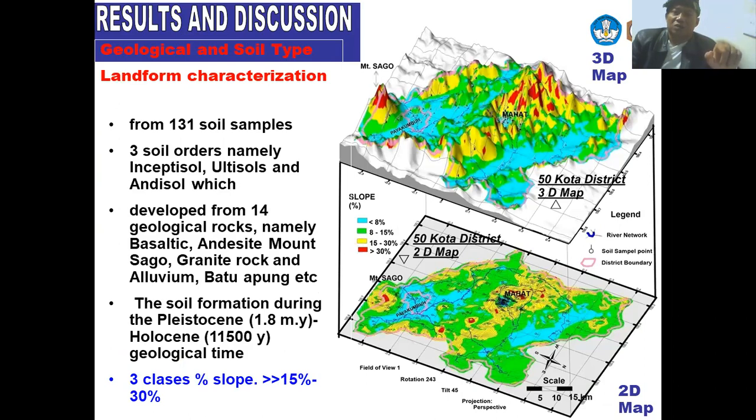Soil formation in the 50 Kota district is from the Pleistocene era, that is 1.8 million years ago, until the Holocene geological time, that is 11,500 years ago. Dominantly, we found three classes of percentage slope, and dominantly about 15% and up.